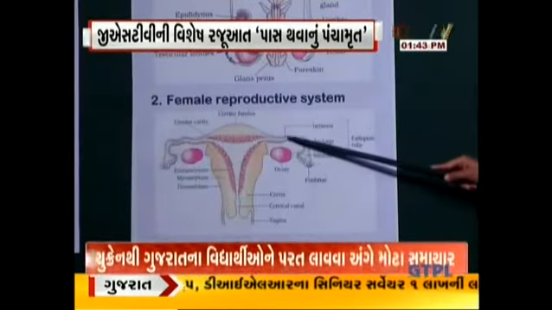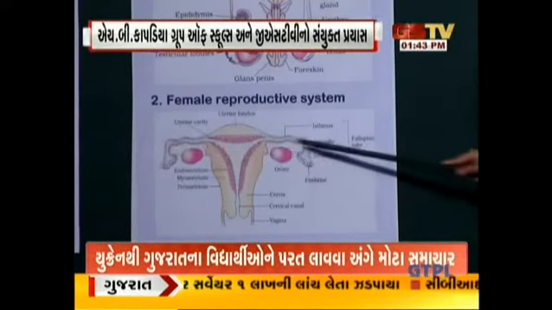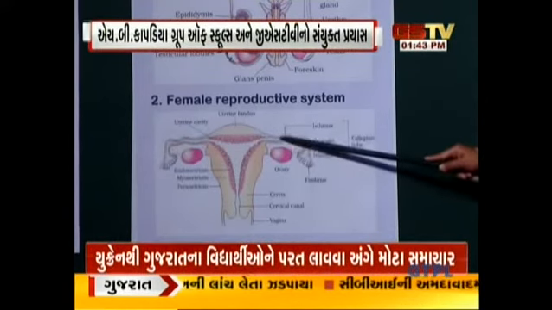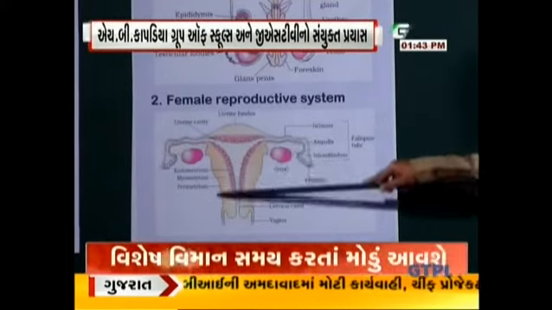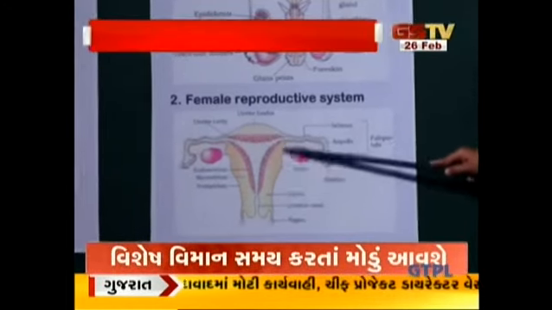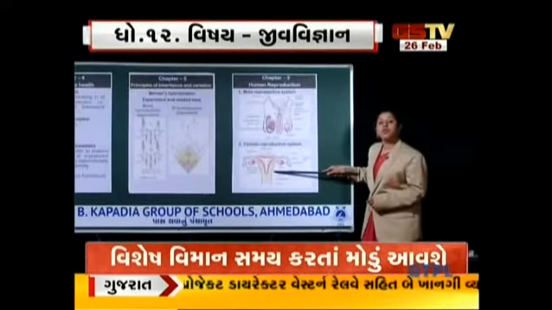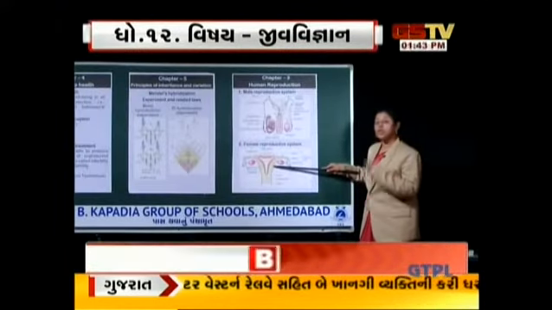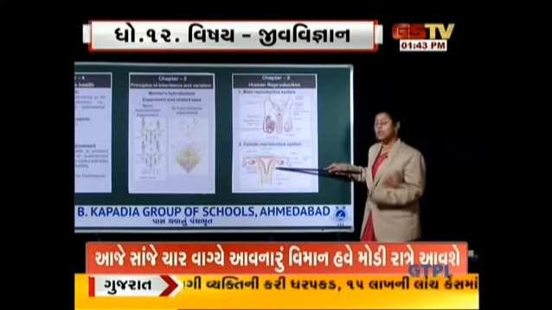Now, later you can find that women have a pair of oviducts, one on both sides, which join to form an inverted pear-like structure. What is this inverted pear-like structure? That is called the uterus. You know that the uterus is the structure where the fetus or the young one is growing.